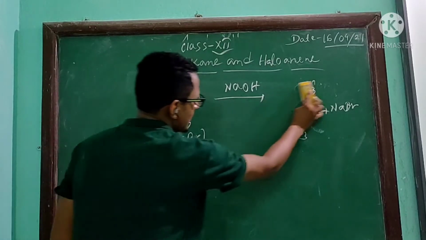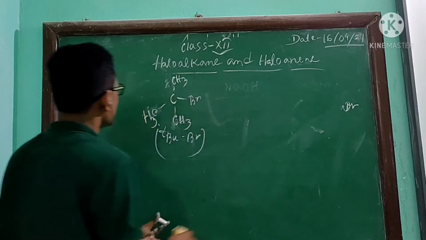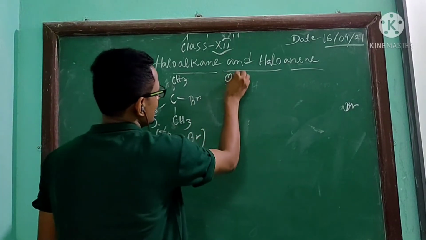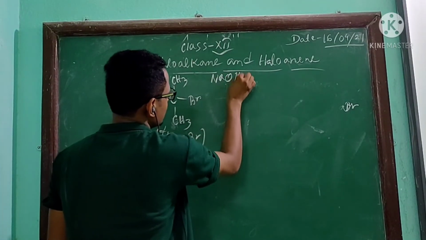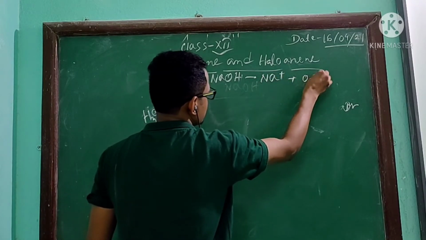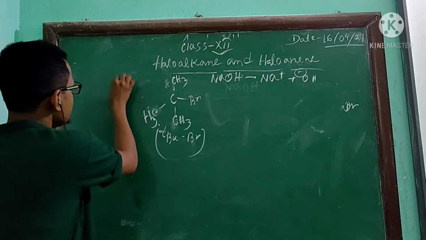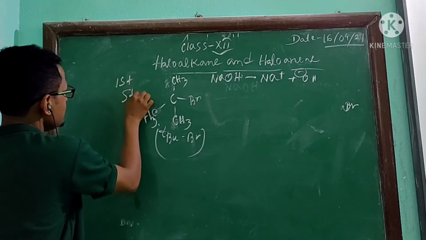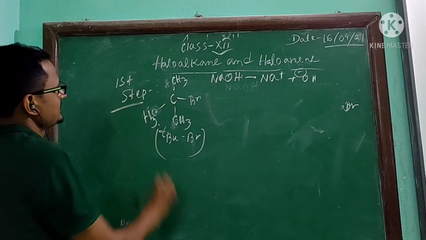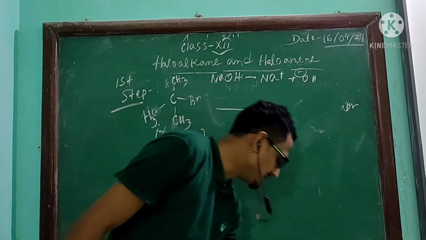First of all, sodium hydroxide will dissociate to form Na plus and OH minus. Now in the first step of this reaction, this tertiary butyl bromide will release one Br minus.